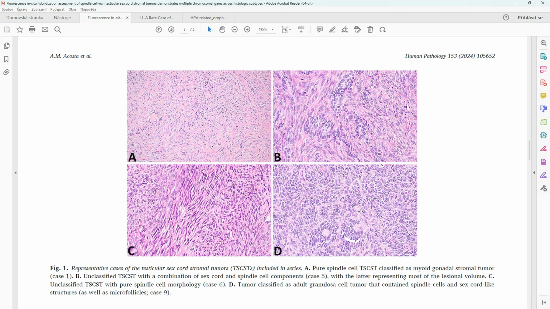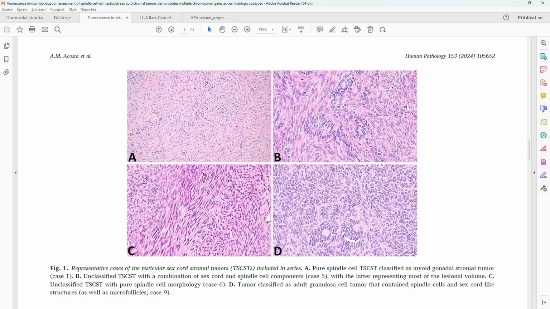So probably with further genetic examinations of these tumors, there will be a rather larger group containing more tumors previously classified as distinct entities. But regarding myoid gonadal stromal tumor, it's quite important to know about this tumor because so far all of these tumors were behaving in a benign fashion, which is not the case, for example, of adult granulosa cell tumor of the testis and other unclassified sex cord tumors.